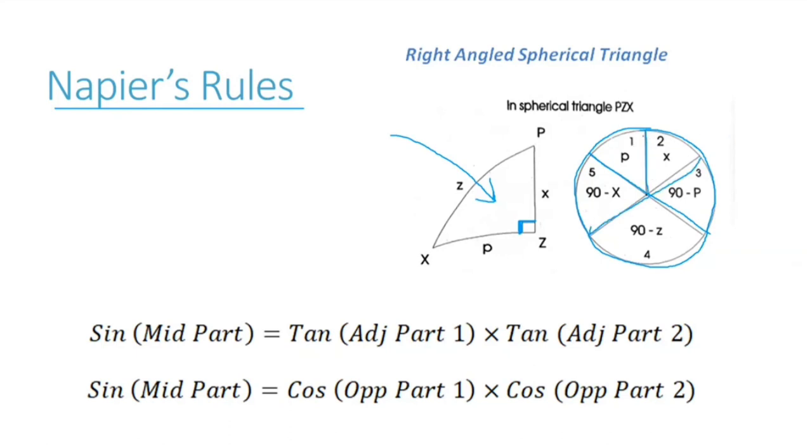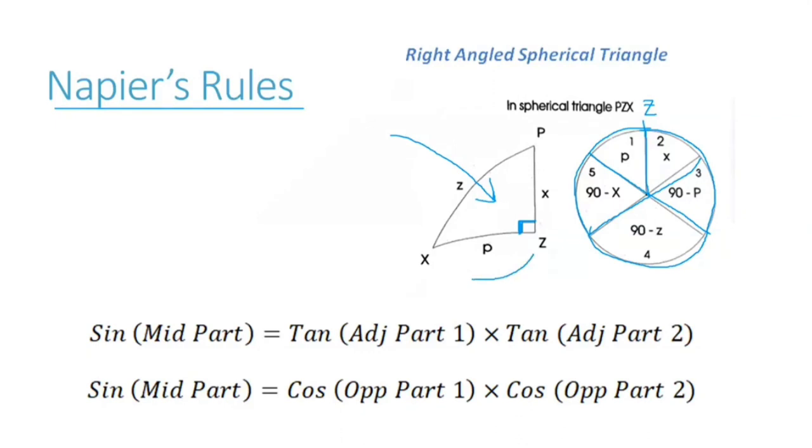Now what we do is, whatever is the 90-degree part of the triangle, that is written on top here. So in this case, angle Z. Angle Z is the 90-degree part. So I write this angle Z on top. Now from this angle Z, you start to move clockwise or anti-clockwise in whichever direction you want to go.